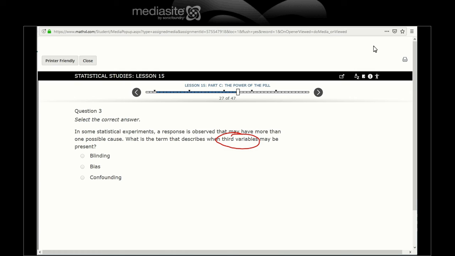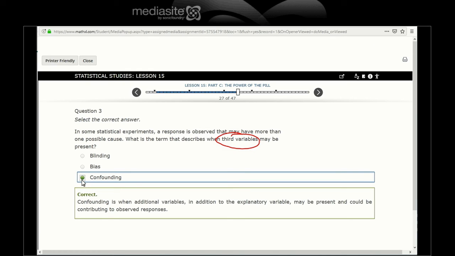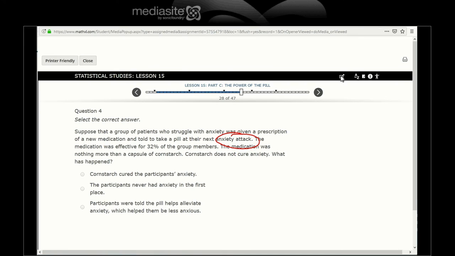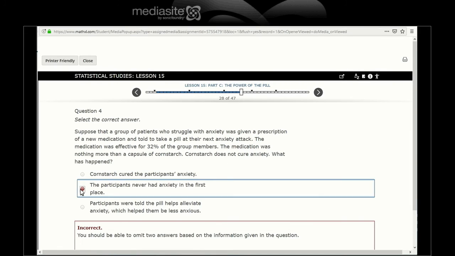And the only thing that I talked about with third variable was the confounding.